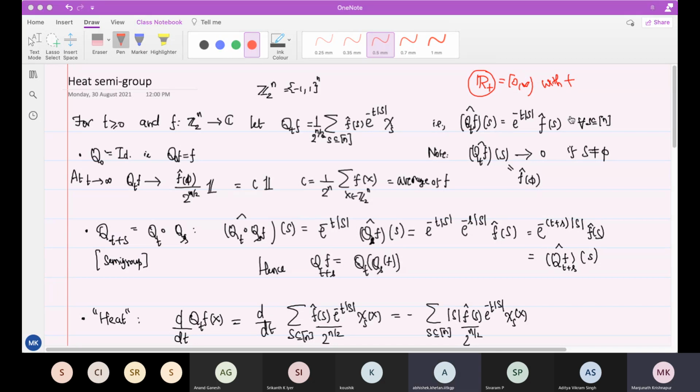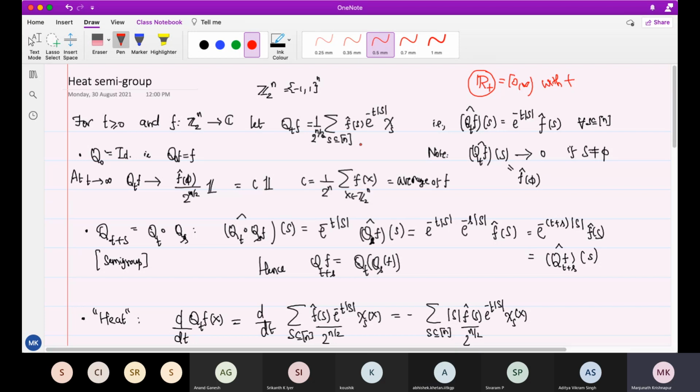Thank you. And also, what is the problem with negative numbers? Suppose I take Q of minus 1 or something? Well, at least I can't write it as an exponential of something. Okay. So here for any t positive, e to the minus t times the size of s is actually positive. So this has many nice properties. It's possible to extend Q_t.